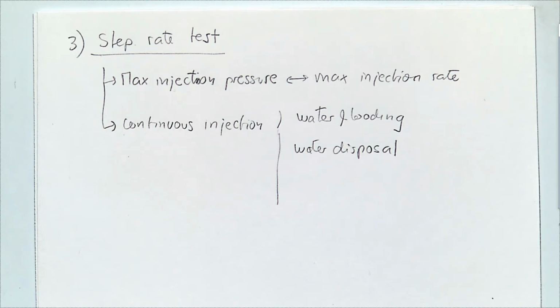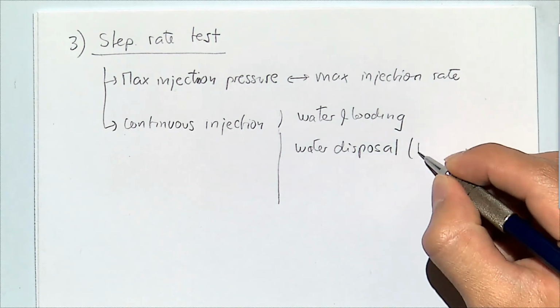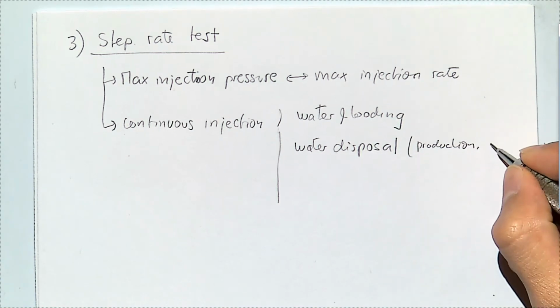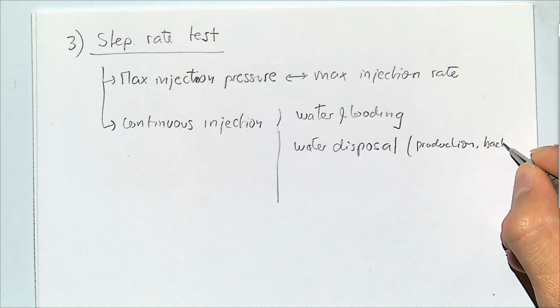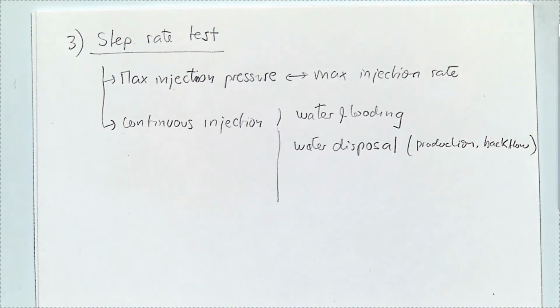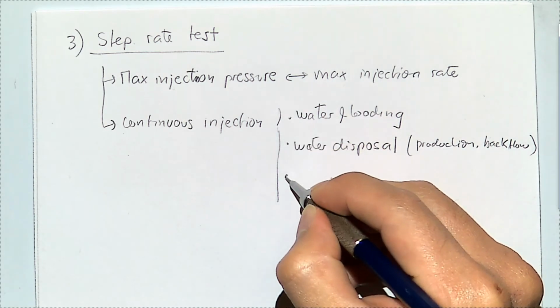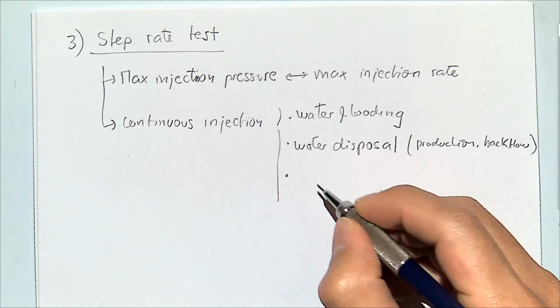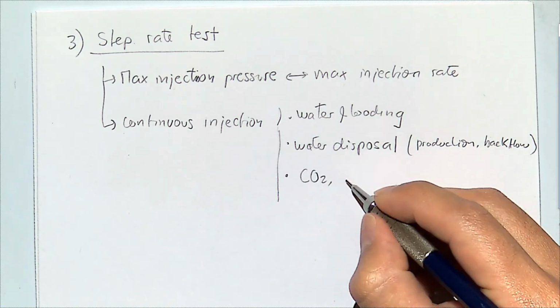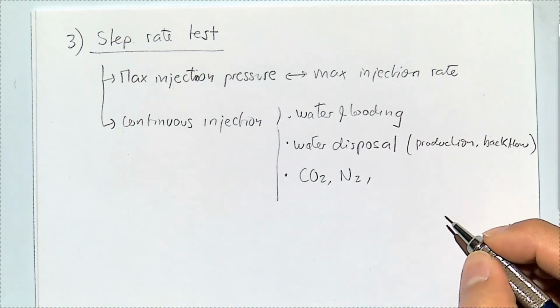So some of these wellbores are injecting 24/7. And as I was telling you, this could be production water from EOR. It could also be backflow water from hydraulic fracturing. And there are some other fluids that we could also inject in order to enhance oil recovery. For example, carbon dioxide. You could inject gas like nitrogen.